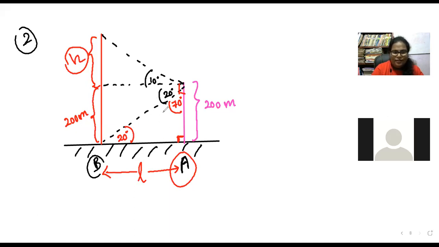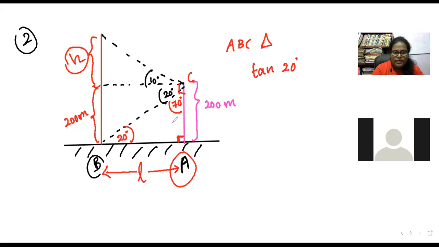So when you are considering this ABC, I am taking this length as C. So when you are considering the ABC triangle, right, you can write this one as tan 20. This is the triangle we are considering now, ABC.